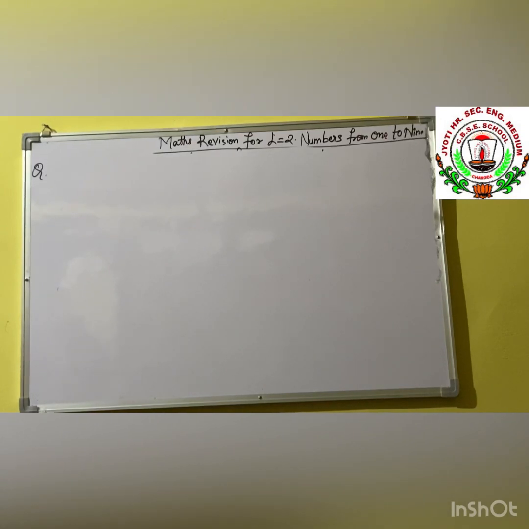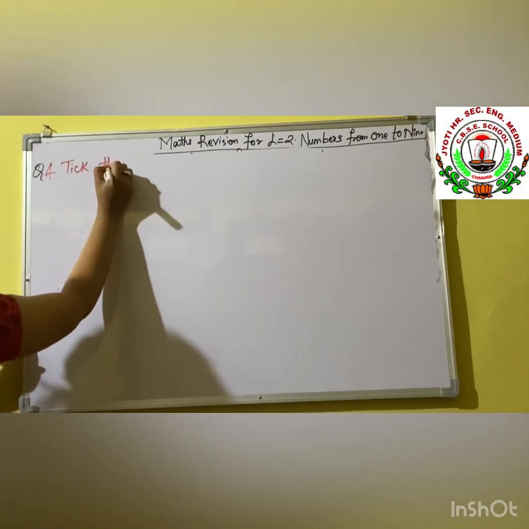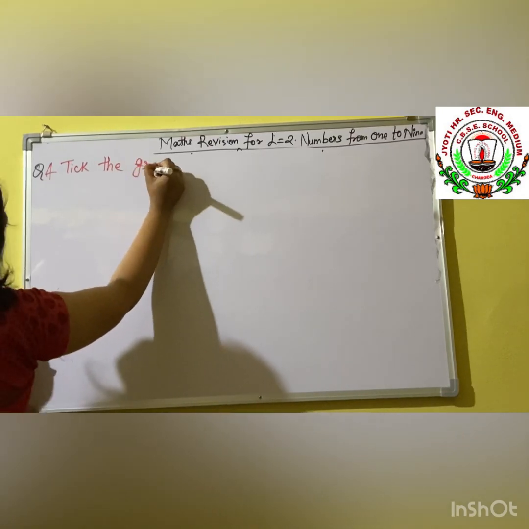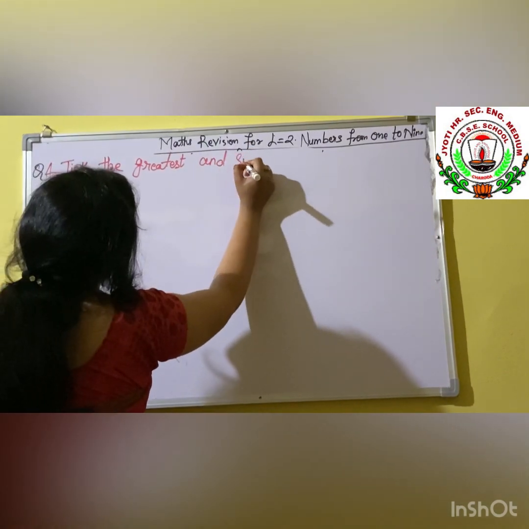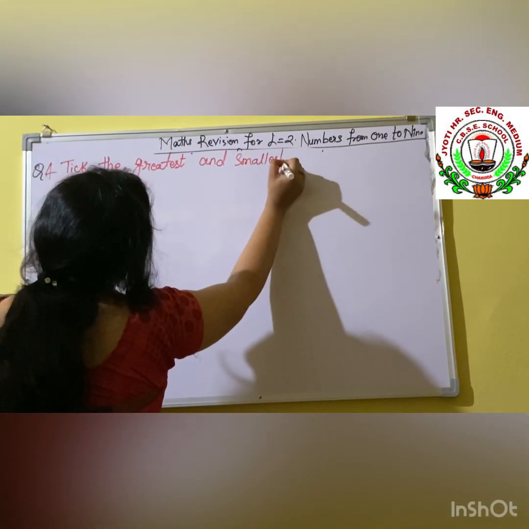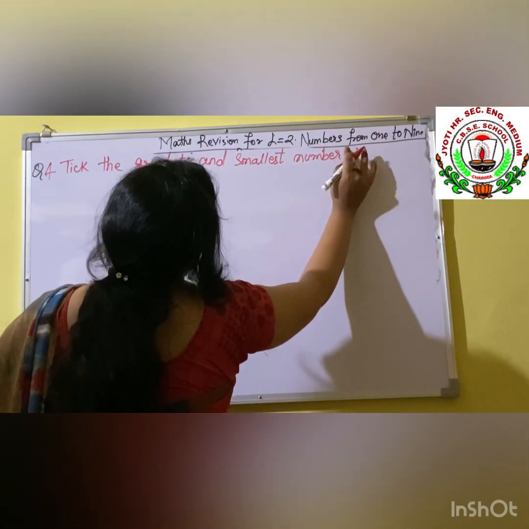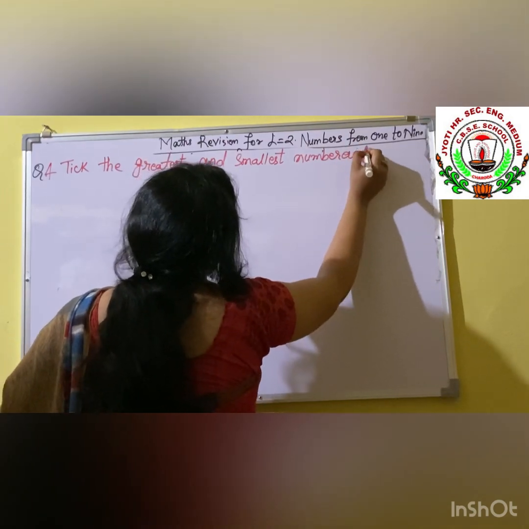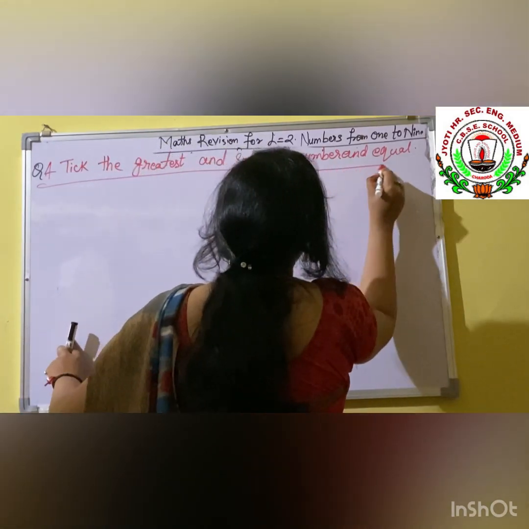Now question number 4 is: tick the greatest and smallest number, and equal also. Tick the greatest, smaller and equal.